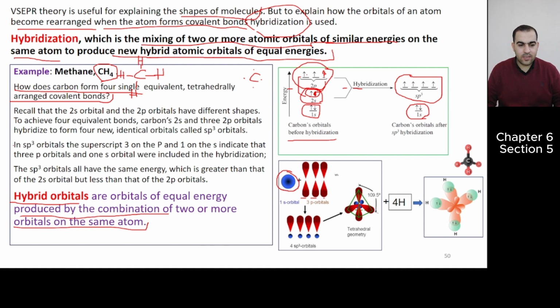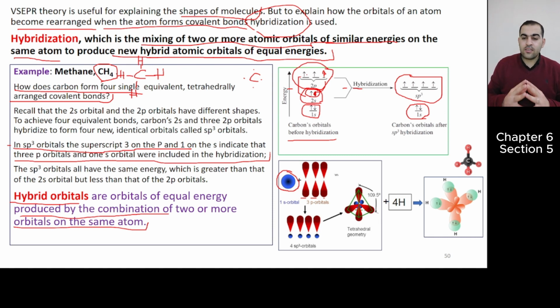Guys, here is written: in sp3 orbitals, the superscript 3 on the p and 1 on the s indicate that 3 p orbitals and 1 s orbital were included in the hybridization. These orbitals have combined. sp3 means 1 s and 3 p orbitals have combined. sp3 means how many orbitals? 4 hybrid orbitals.